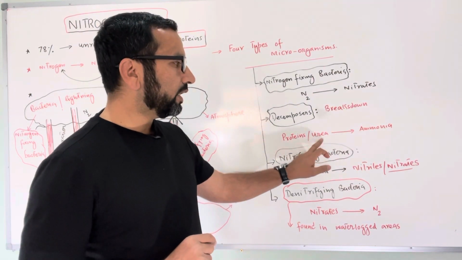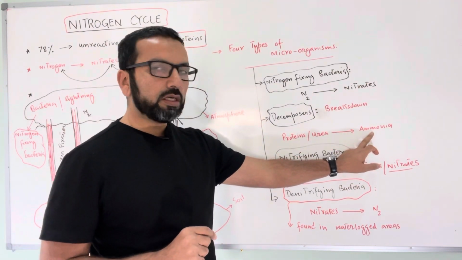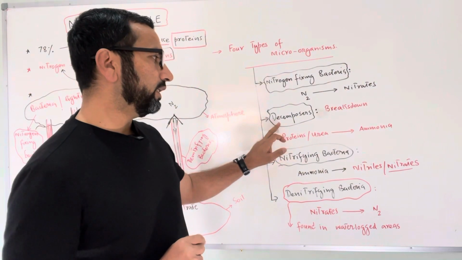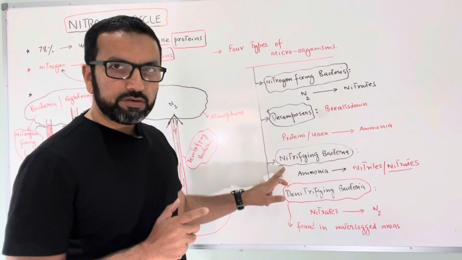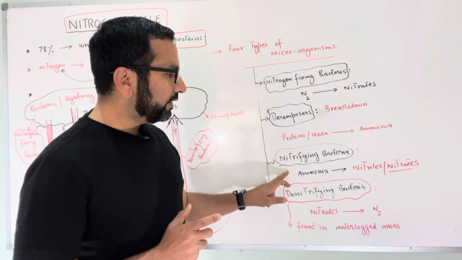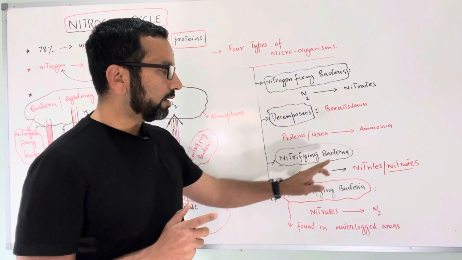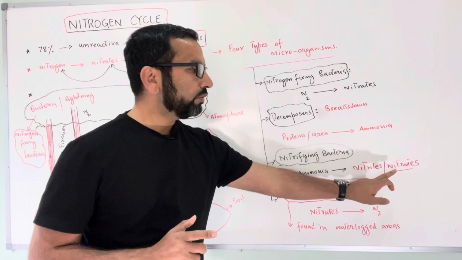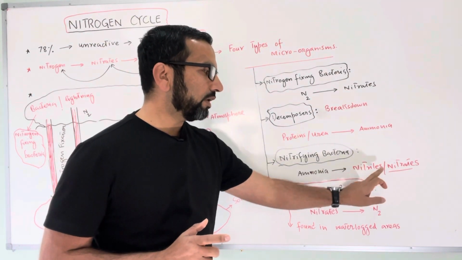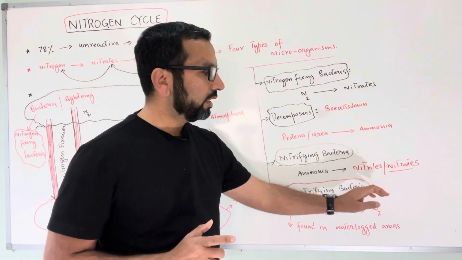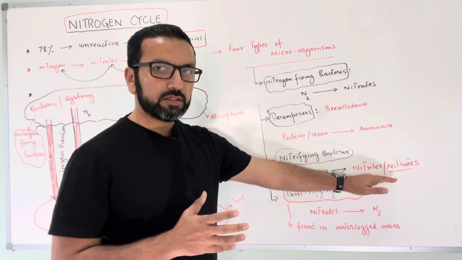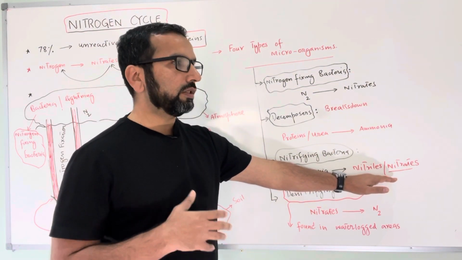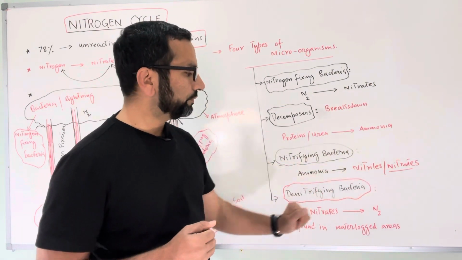So proteins and urea are converted into ammonia by decomposers. The third group is called nitrifying bacteria. Nitrifying bacteria convert ammonia into nitrates, and then again these nitrates are absorbed by plants and are used for their better growth.